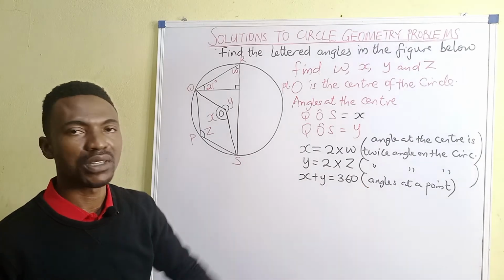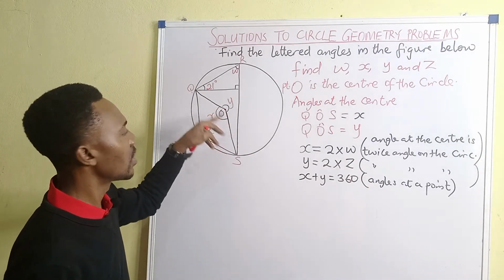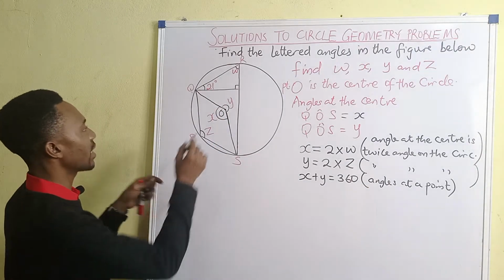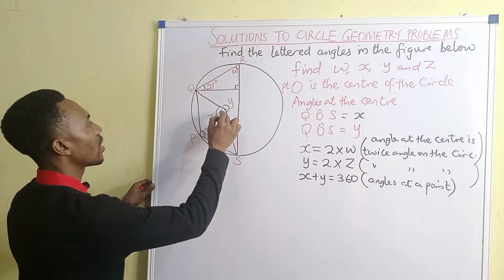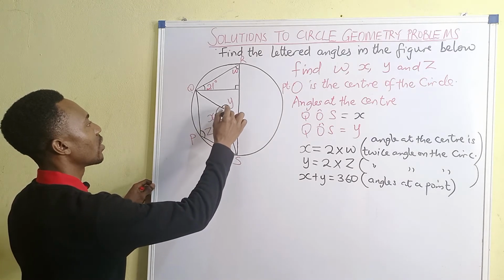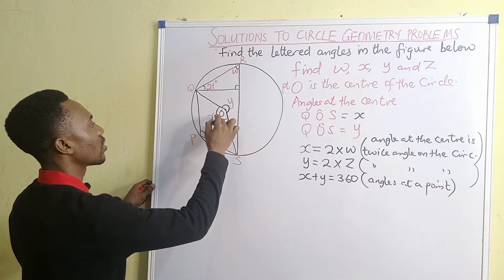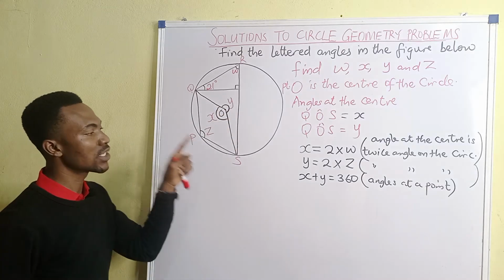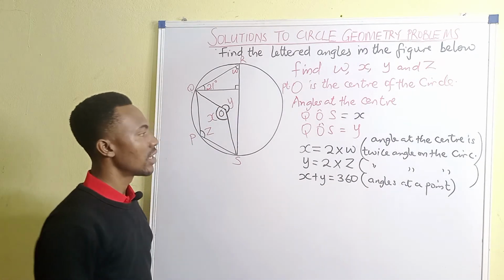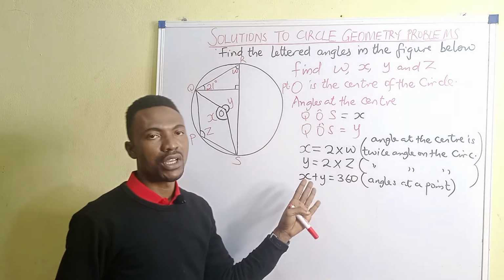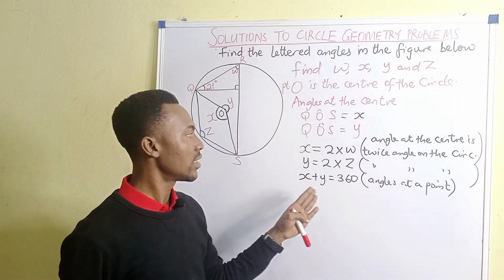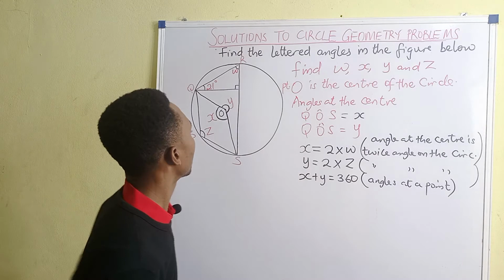You can see that angle X and angle Y form the angles of a complete circle. So X plus Y must be equal to 360. Now, how are we establishing these equations? It is going to help us find the values of X and Y respectively.